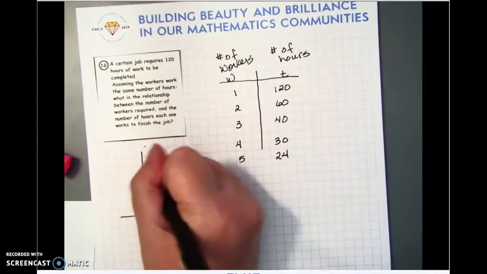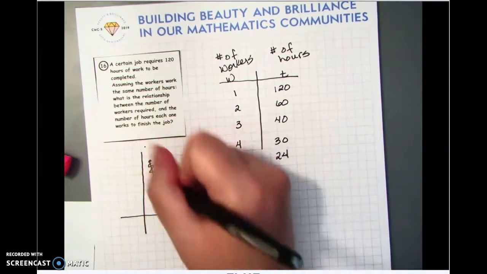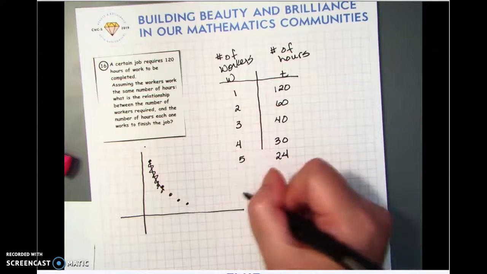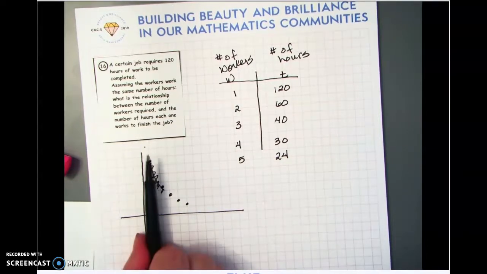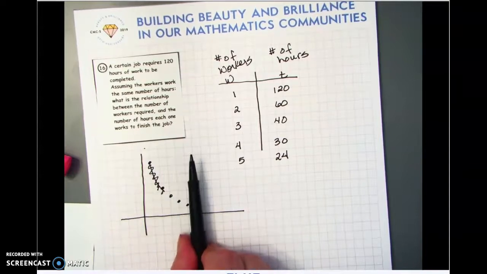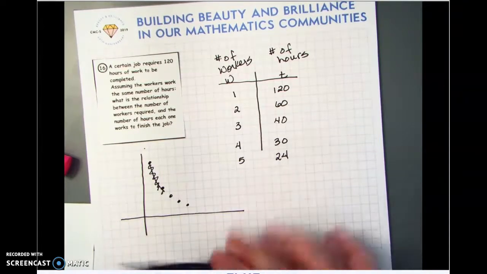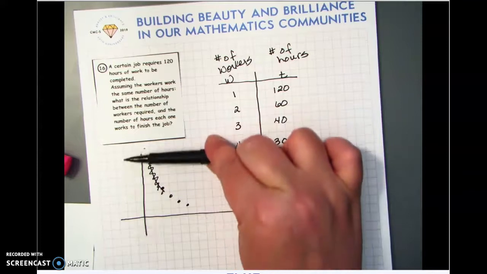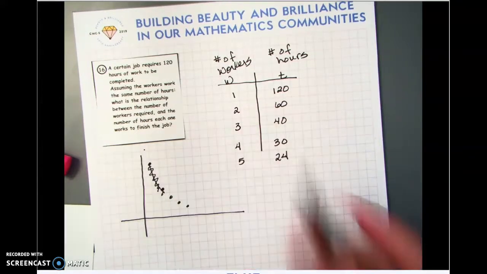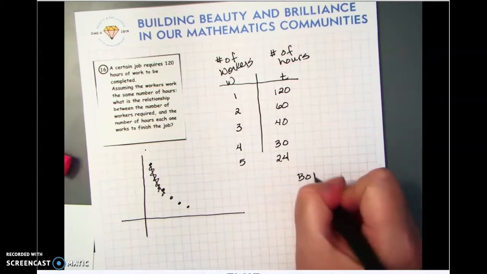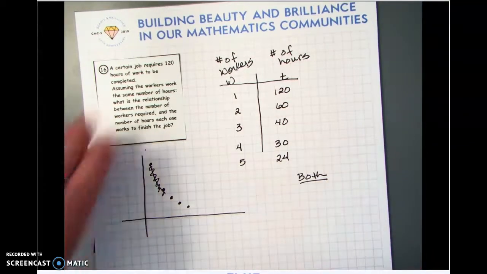Well, actually, we wouldn't connect that because we can't have half a worker. But do we see how it's almost like an exponential that's coming down or quadratic, something like that? But one thing I want to notice is I do pass the vertical line test, so y is a function of x. And I pass the horizontal line test, so x is a function of y. So that would be a situation where both directions form a function.